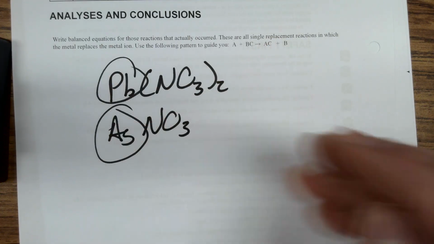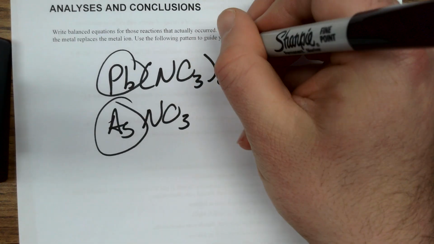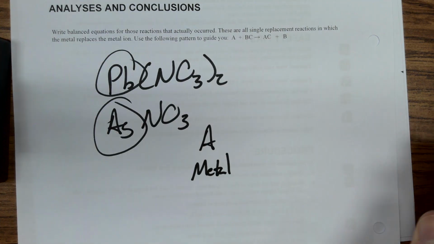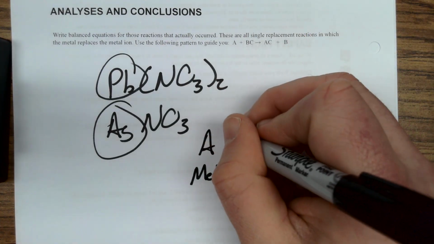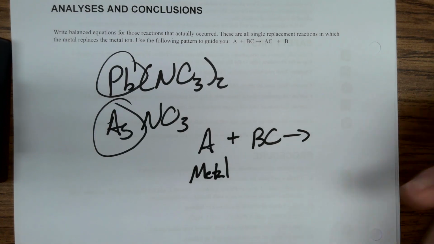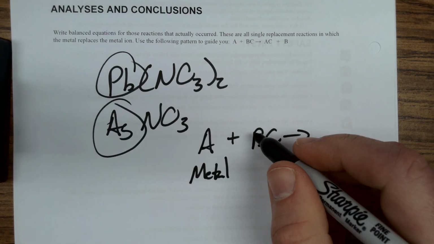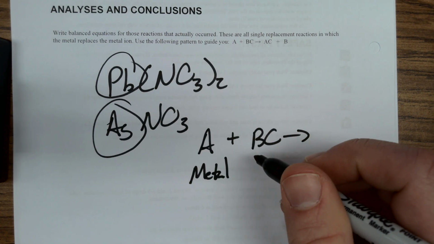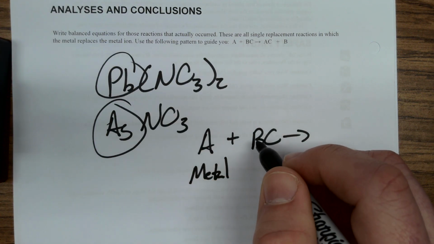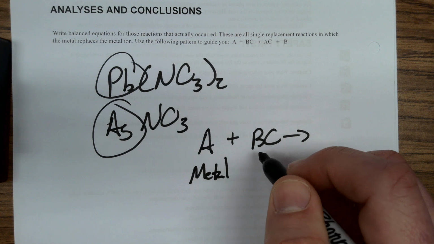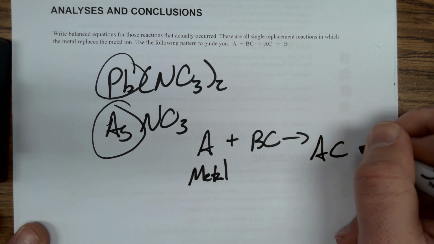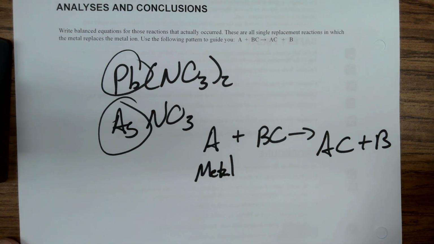Because we had a pure metal, so A is my metal, BC was my solution, with a single replacement reaction, where A replaced the cation of my item in solution, forming AC plus B.